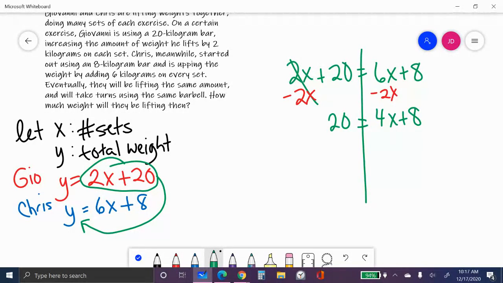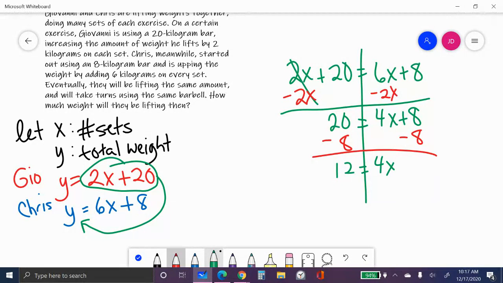All right. Subtract 8 from both sides. Nice two-step equation. And you get 12 equals 4x. Divide both sides by 4. And you get x is 3.